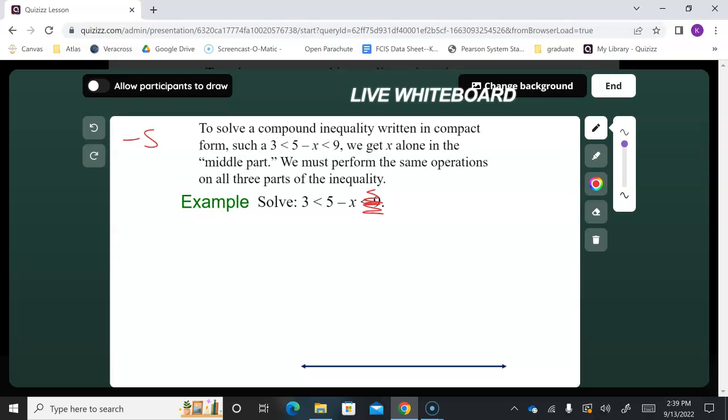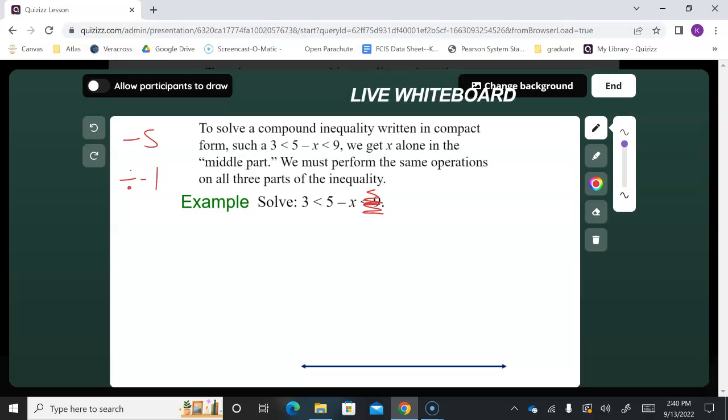And if I have negative 2 is less than negative x, not negative 2, what's my coefficient here? Positive. Okay? So subtract 5, divide by negative 1, right?